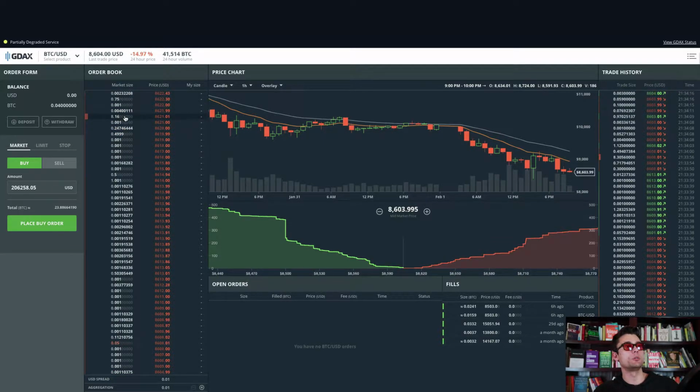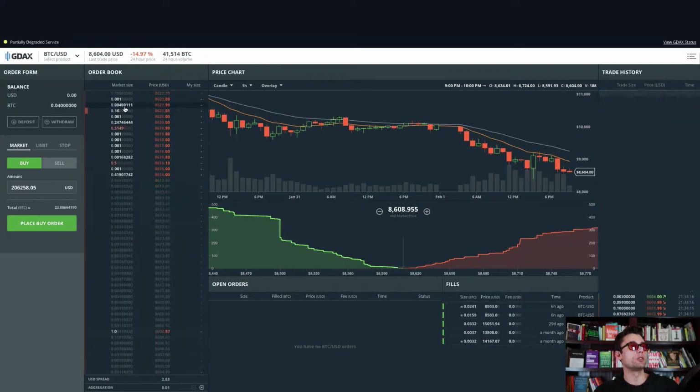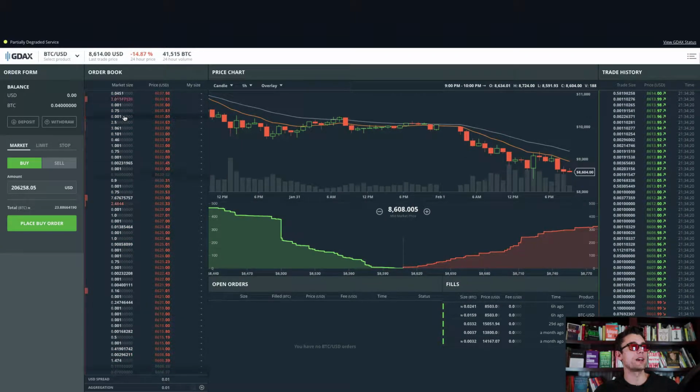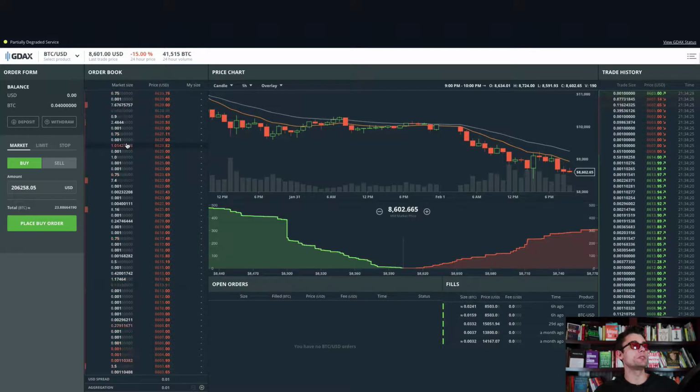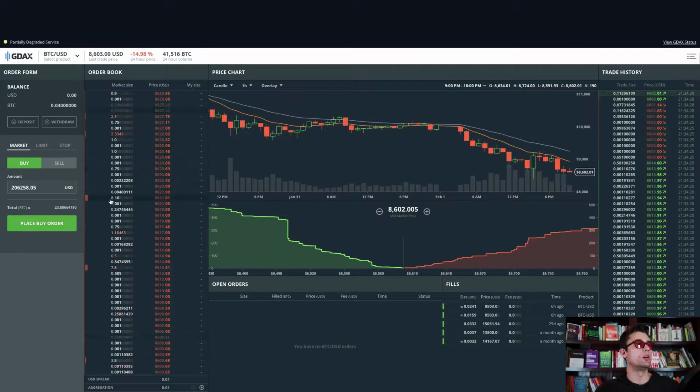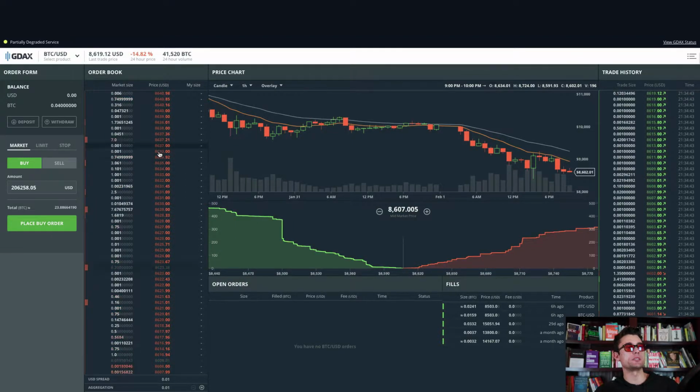There's one right here which is 8.16 Bitcoin, which is about $206,000. So that's a big order. That's a big sell wall, and this market is moving really, really fast right now. So it's sort of hard to see, but if you could catch it, you could see the price that they're trying to sell at, and you're going to know that price is going to be pretty stable around that price.